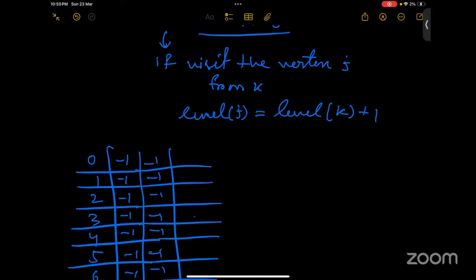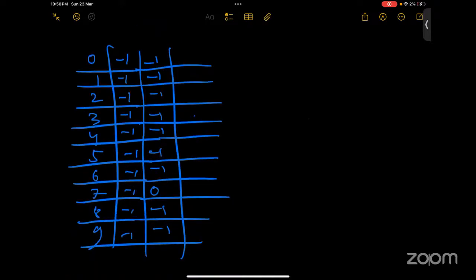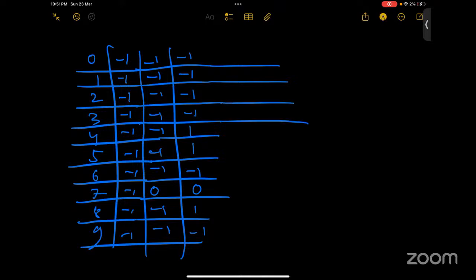So if we are visiting something from 7, we will replace the level of that point with 1. 0 plus 1 is 1, right? That means what will be the level in the next step? So 4, 5, 8 would be set to 1. So this will be -1, then 1, 1, -1, 0, 1, -1, right?